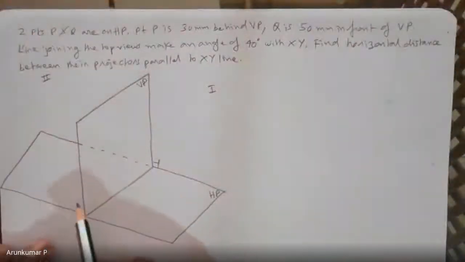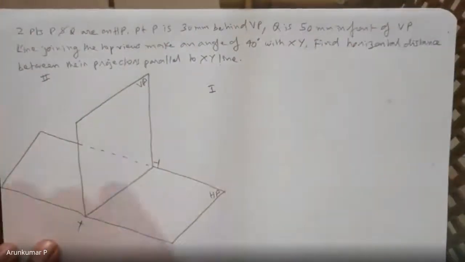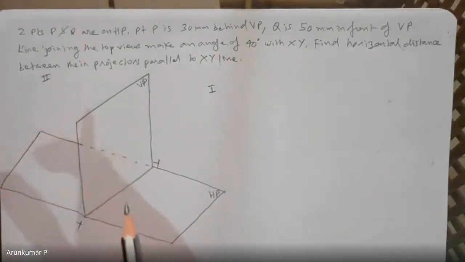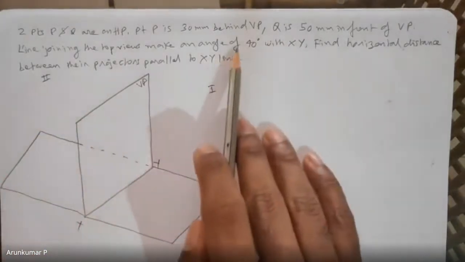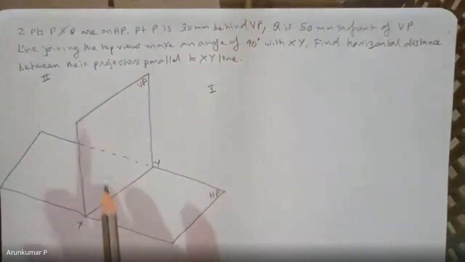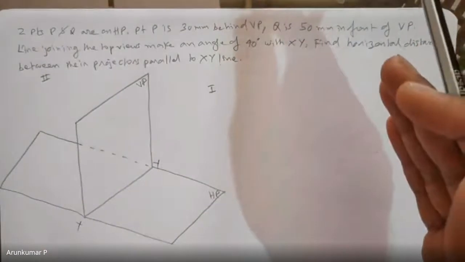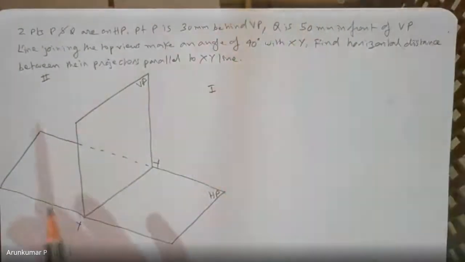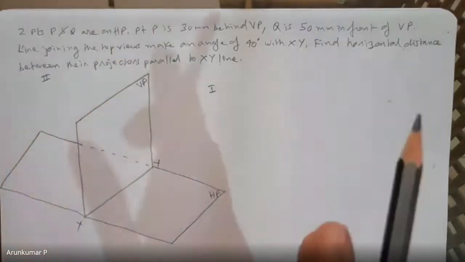So now let us start with P and try to locate the point P. As I have told you, when there are 2 points and such things are given, like the angle between their top views or front views or the horizontal distance between their projectors, you should understand that these 2 points are separated by some distance.